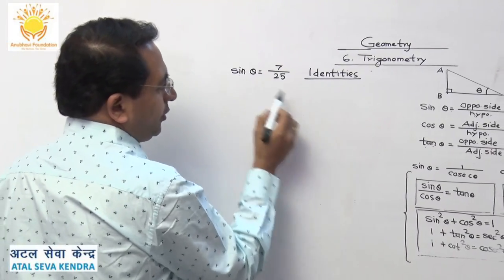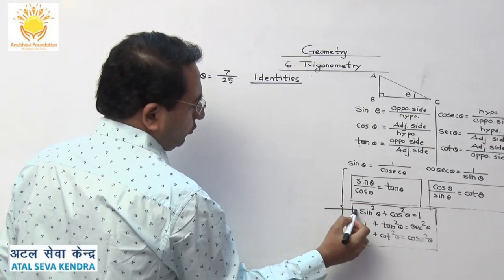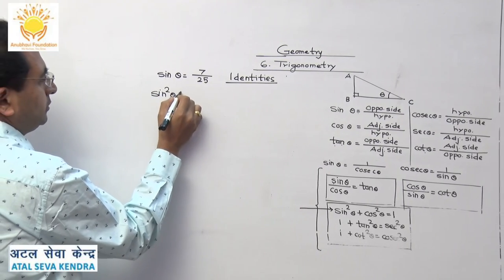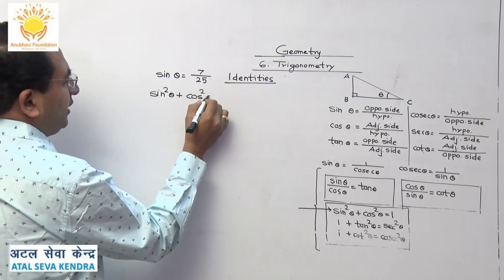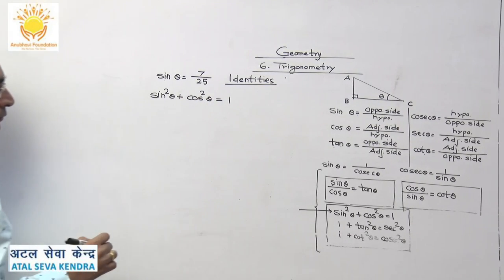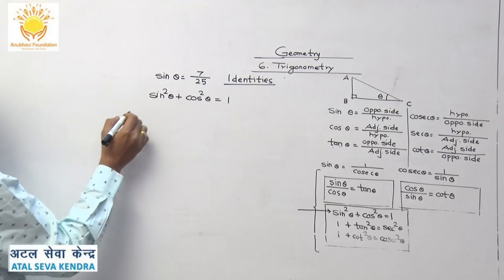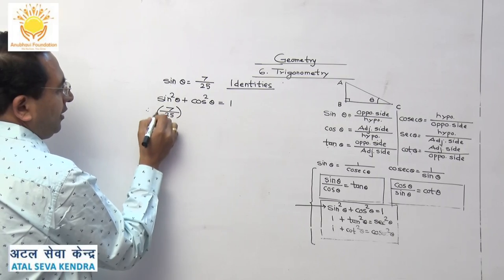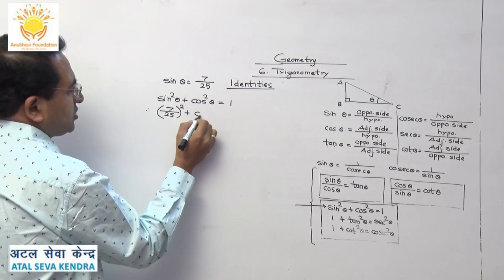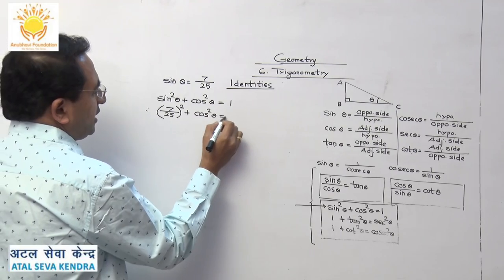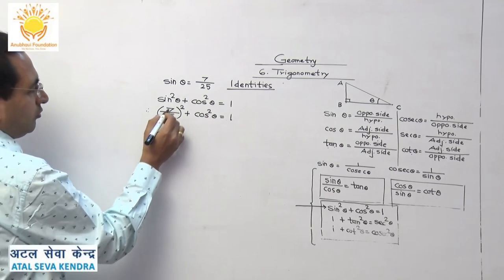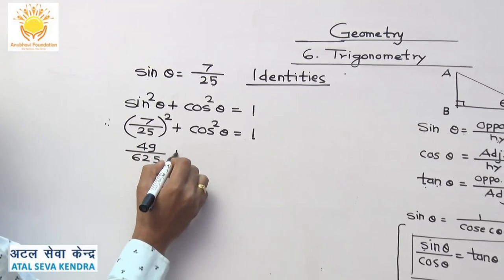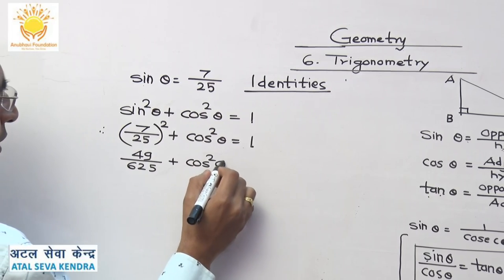Now sine theta is given to you and that's why we are going to make use of this formula. So I am writing this as sine square theta plus cos square theta is equal to 1. Now I will substitute the value of sine of theta as 7 upon 25 bracket square plus cos square theta, that is equal to 1. So the answer of this will be 49 upon 625 plus cos square theta is equal to 1.